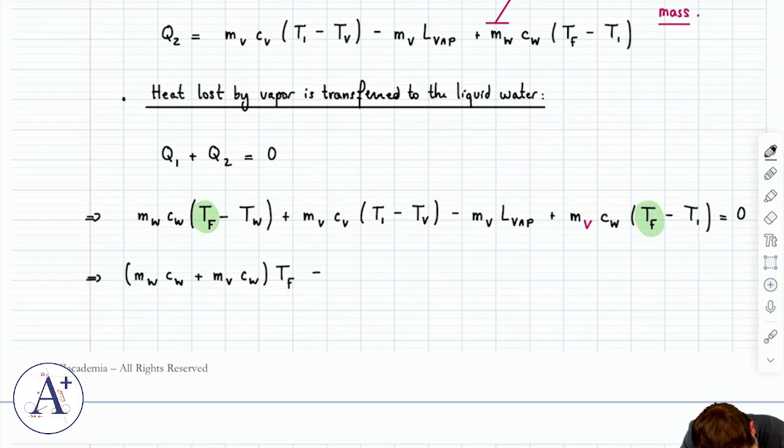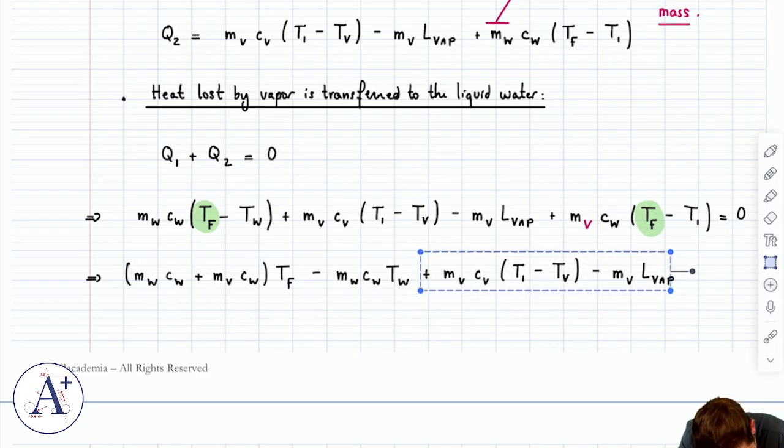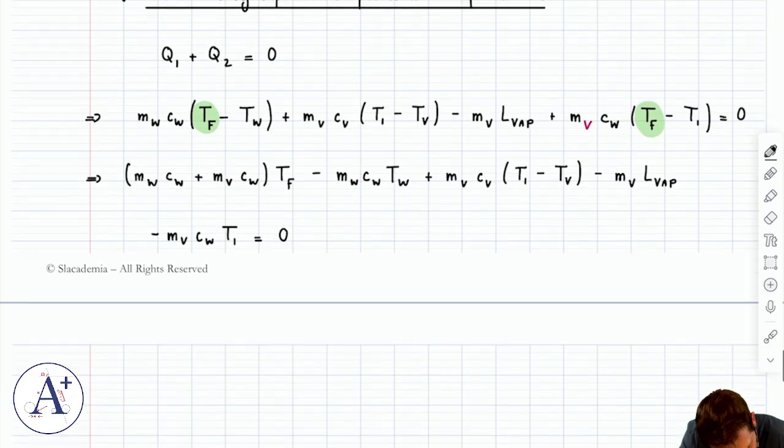Now don't forget this guy. This is going to be minus M water, C water, T water, plus all of this, that stays the same. And then here I'm going to get minus MVCWT1. So minus MVCWT1 is equal to 0.